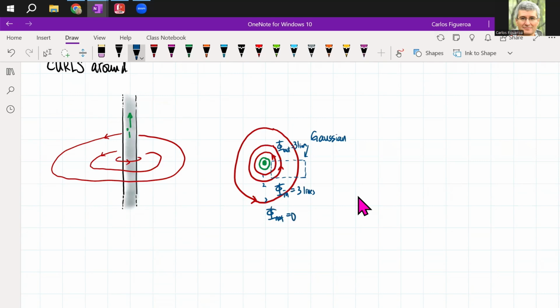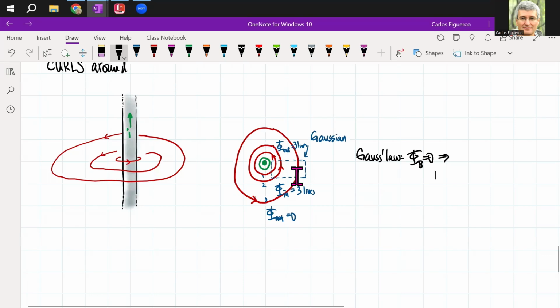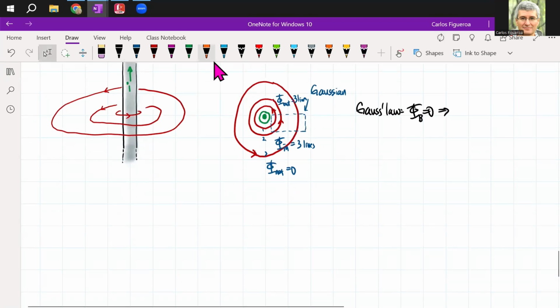Because the net flux is 0 here, we could then come again to Gauss's law. I'm going to bring this down because I'm running out of space.